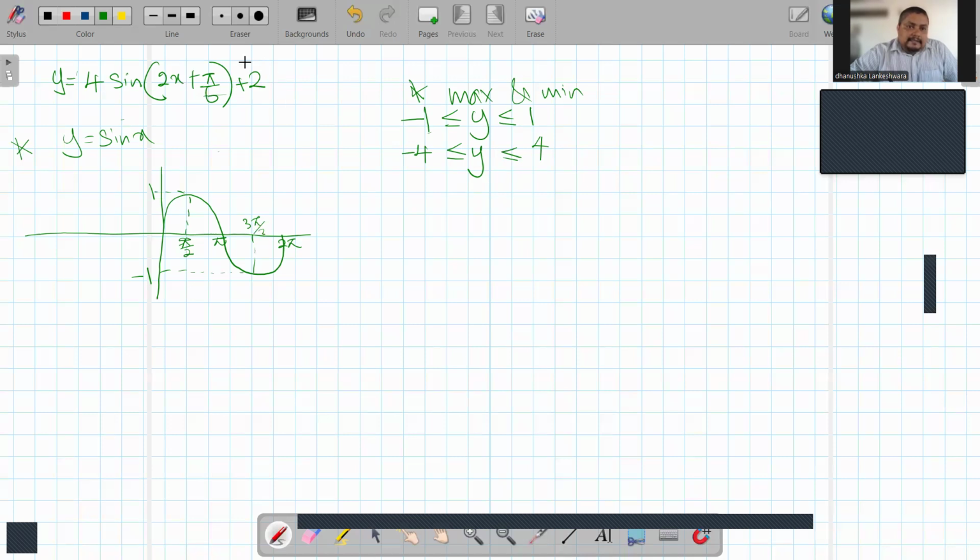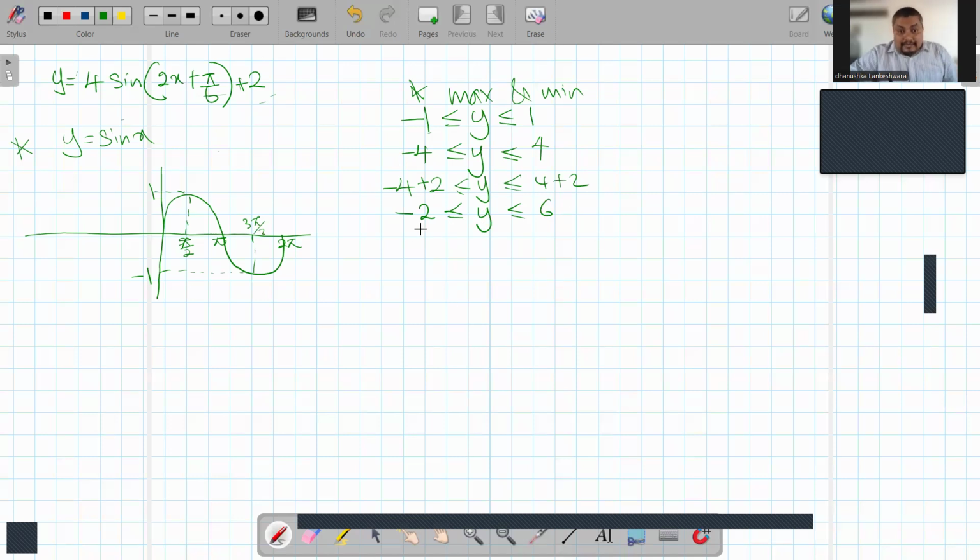And further, there is another vertical transformation, which is a vertical shift by 2 units upward, then -4 plus 2 less than y less than or equal to 4 plus 2. So then it's going to be -4 plus 2 means -2 less than y less than or equal to 6, right? Clear?